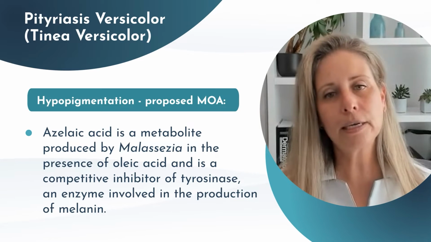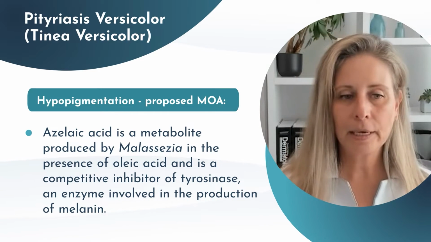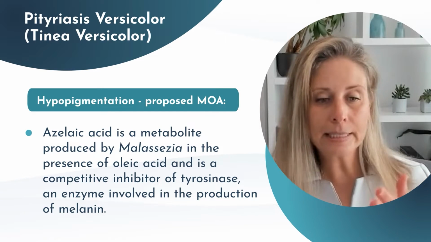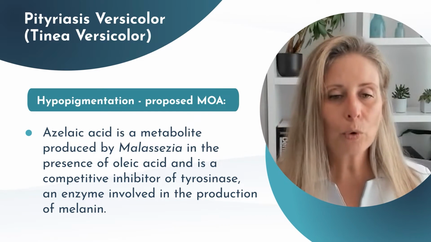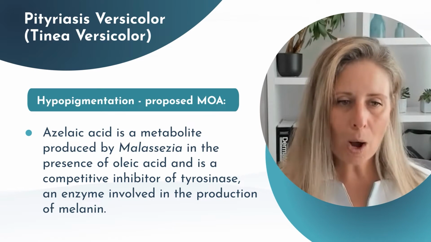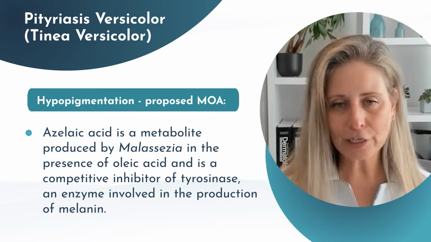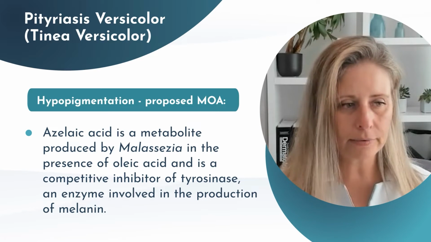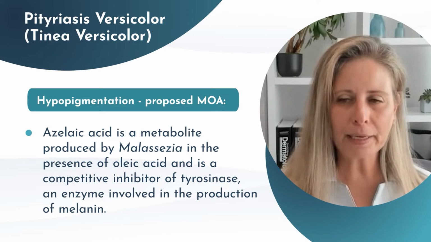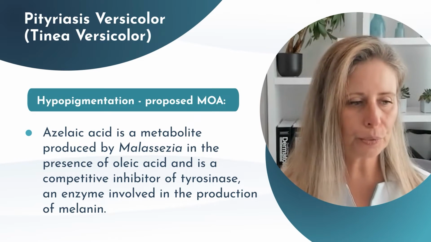Of course, melanin is what gives our skin pigment. So if azelaic acid is there with oleic acid and is inhibiting tyrosinase, well, then we're going to get inhibition of melanin, and we can get these white or hypopigmented patches. And that's why we think tinea versicolor presents this way. But it can also present as kind of pink and inflamed as well. Both presentations are pretty common.